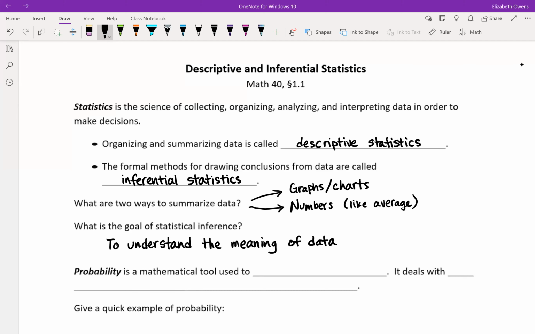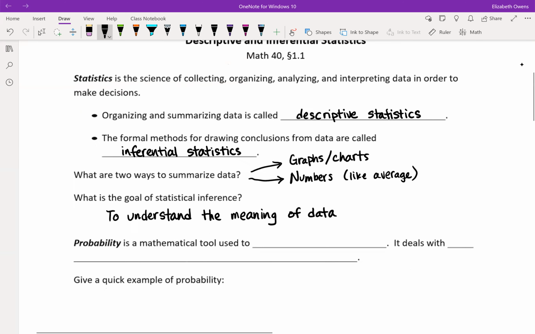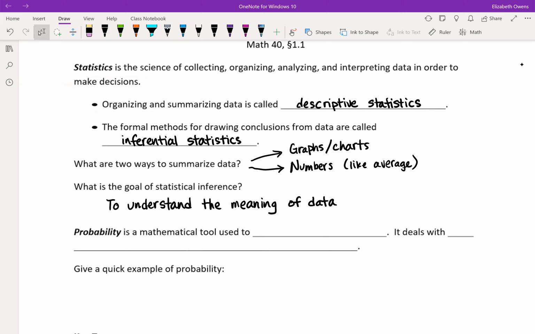So there's statistics. And then, of course, this semester, we're also going to talk about probability, another big subject. And probability is a mathematical tool used to study randomness. Okay, and when we hear that word randomness, we usually think of like, whoa, totally random, some freak occurrence. Those are things that are not very likely to happen. But probability is not limited to freak occurrences.